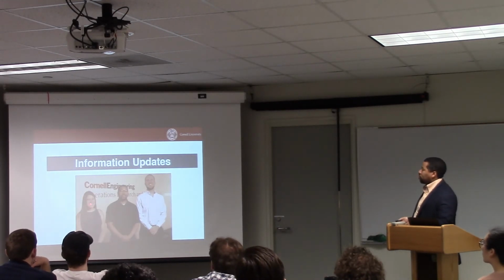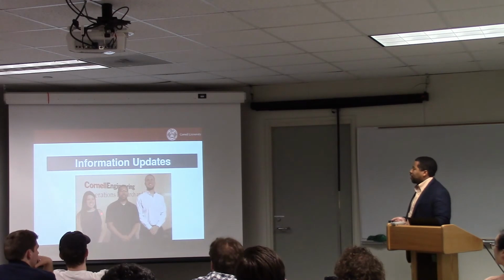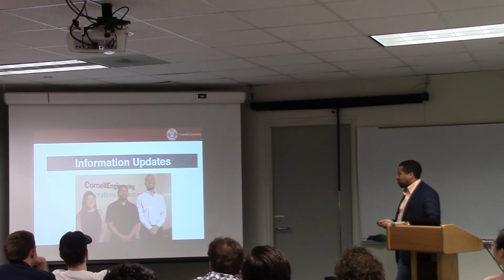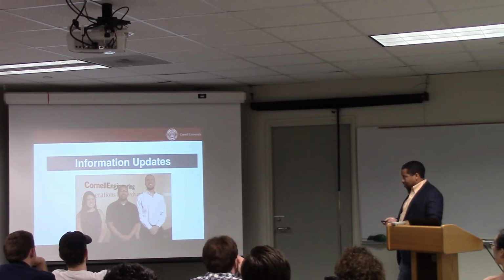This is a student in ORIE who's worked with me on some projects, and this is my other PhD student, Andrew, who's also in ORIE, and we've worked on this information update problem, which I will mention shortly.